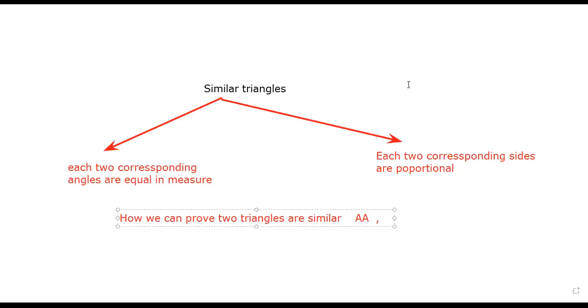Adham. Yes, Miss. She said that we can prove that two triangles are similar by using side. Do you agree with her? Which cases did we study to prove that two triangles are similar?